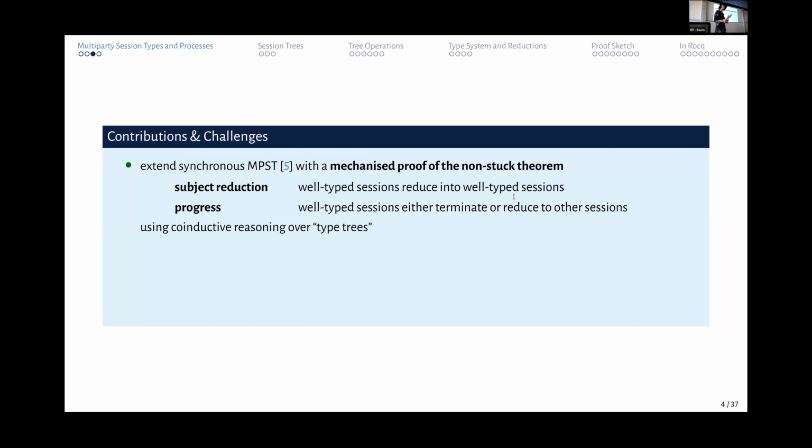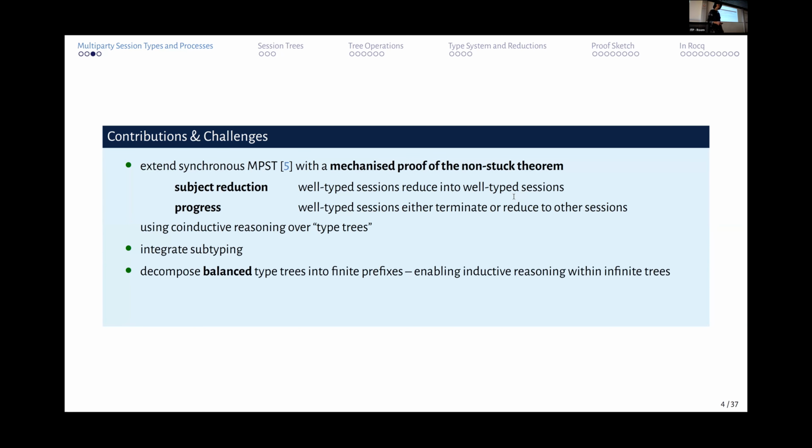During this work, as a contribution, we found a flaw in several papers on multi-party session types regarding subject reduction, which I want to talk about. The next thing is the mechanization integrated with a co-inductive subtyping relation over session trees. Then there are two techniques for mechanization, which my student taught.